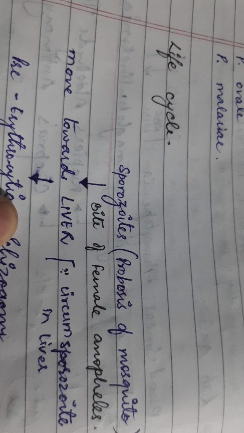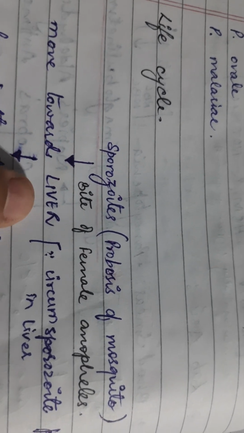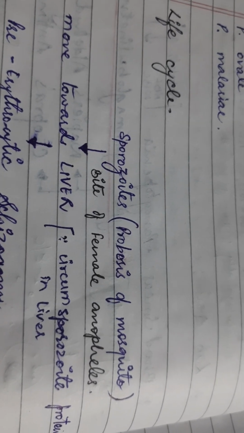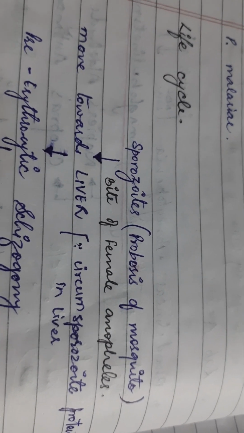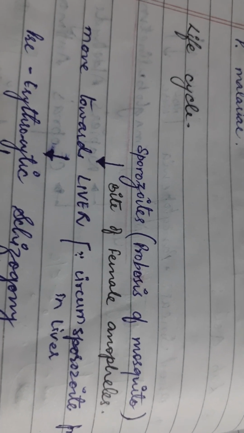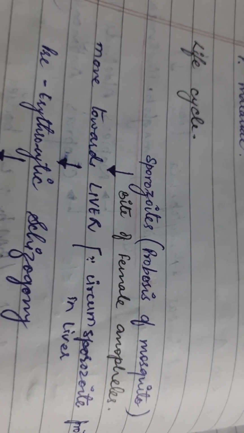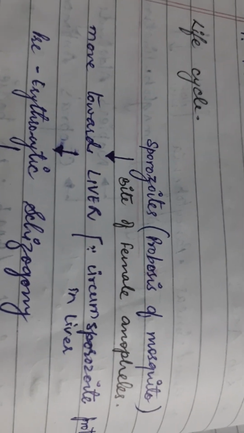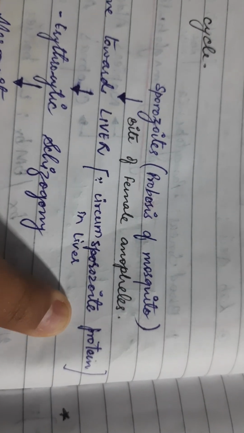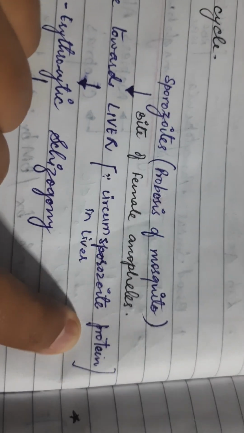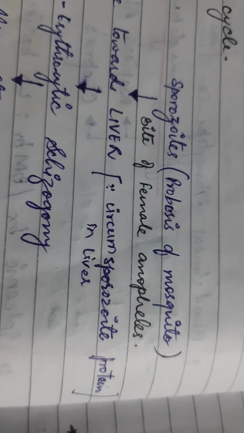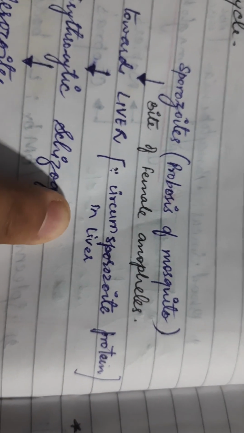Sporozoite form we get. Then it goes towards our liver, hematogenously, through our blood vessels, and then moves towards the liver, with circumsporozoite protein in the liver.